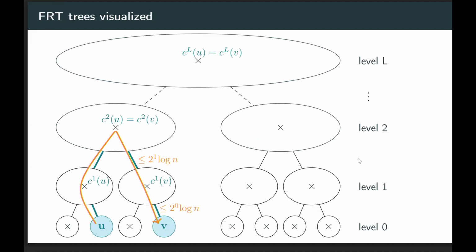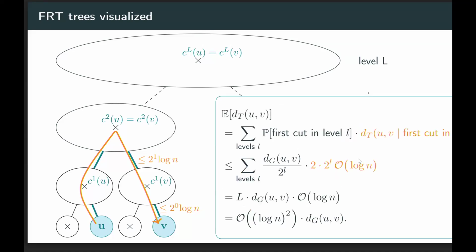So let's look at the distance from U to V, and we want to estimate that. So what we do is to get into a bit of detail, which will help to then see the main result afterwards. So the expected distance from U to V is, we sum over all possibilities. You could be cut in any of these levels.